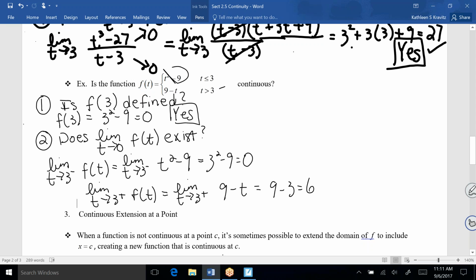So we can say that, therefore, the limit as t approaches 3 of f of t does not exist, because the left-hand limit is not equal to the right-hand limit. So therefore, since it doesn't pass that second test, the function is not continuous. So f of t is not continuous.